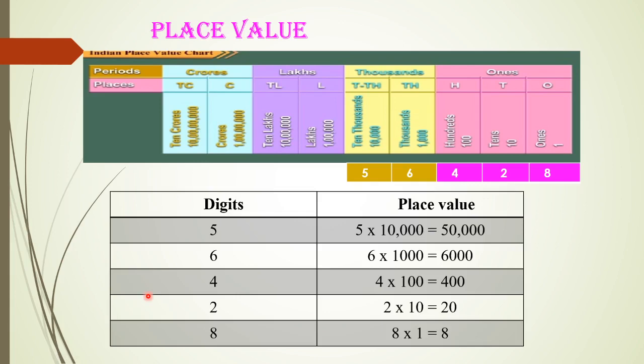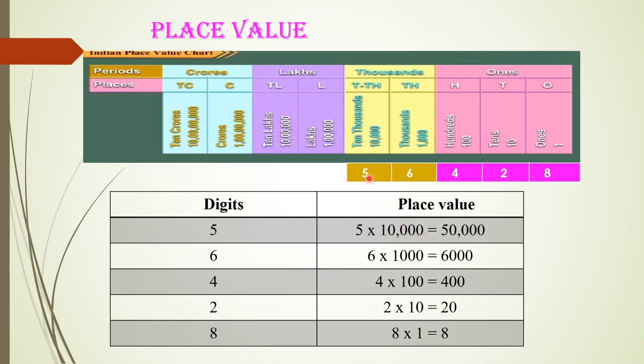Let's start from the left hand side. The first digit in the number is 5. If you want to find the place value of any digit, look at 5 into 10,000. Why do we multiply by 10,000?